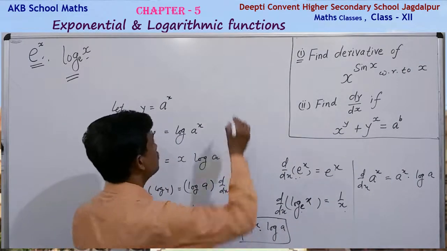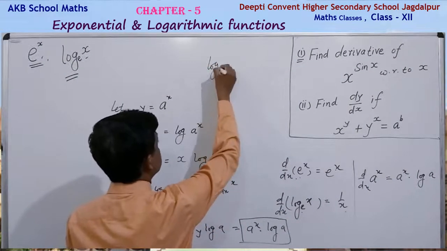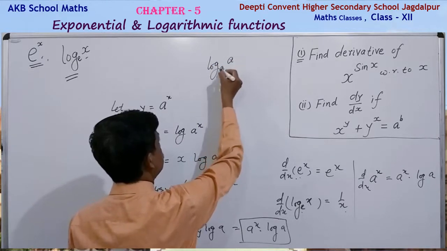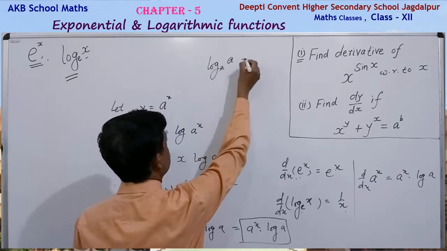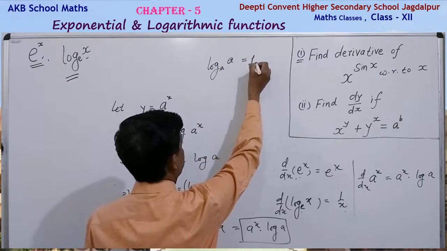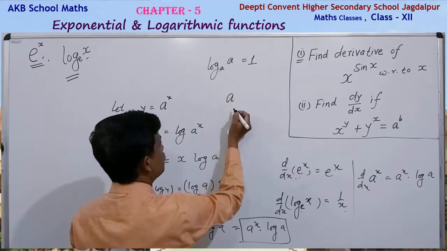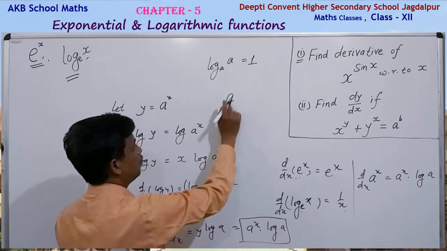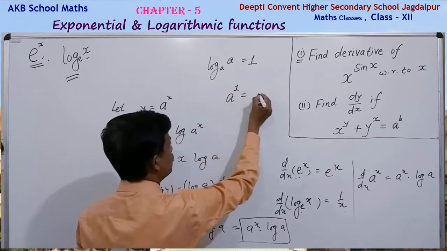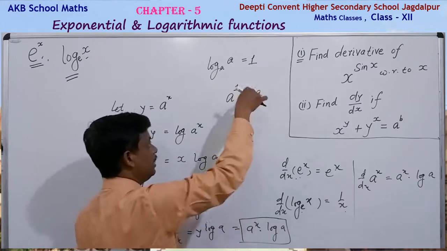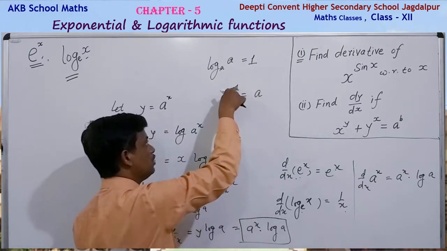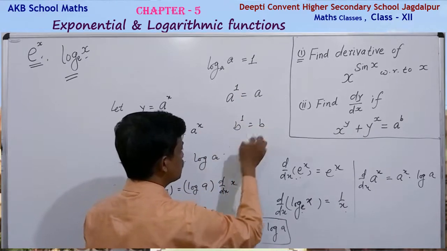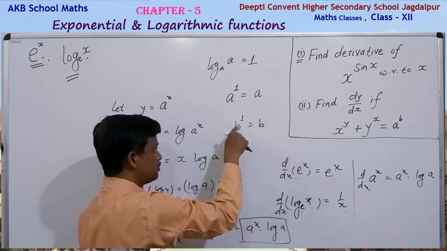And also there is one property: log a to the base a. If the log base and the argument are the same, what is the value? 1, because a to the power 1 equals a, so log a to the base a equals 1; b to the power 1 equals b, so log b to the base b equals 1.